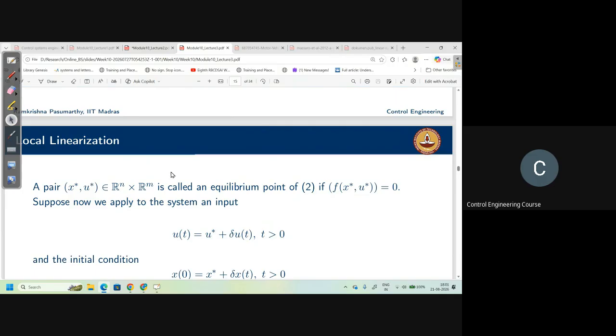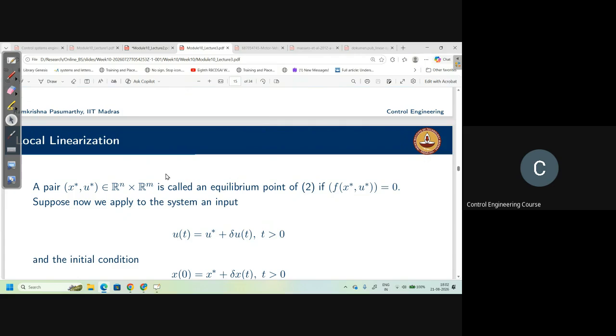Analyzing and controlling a nonlinear system in general is tedious. But the good news is that many times we linearize the nonlinear system around the equilibrium point, or whatever method you use, and then find the controllers for the linearized system.